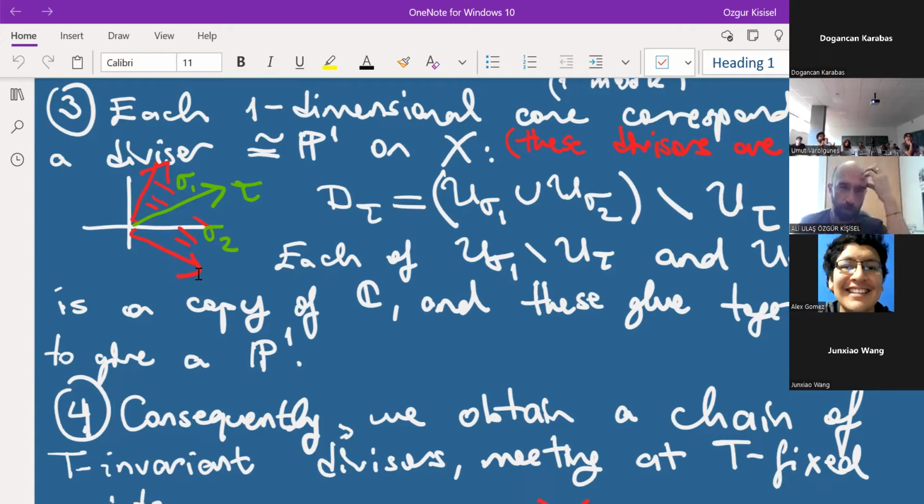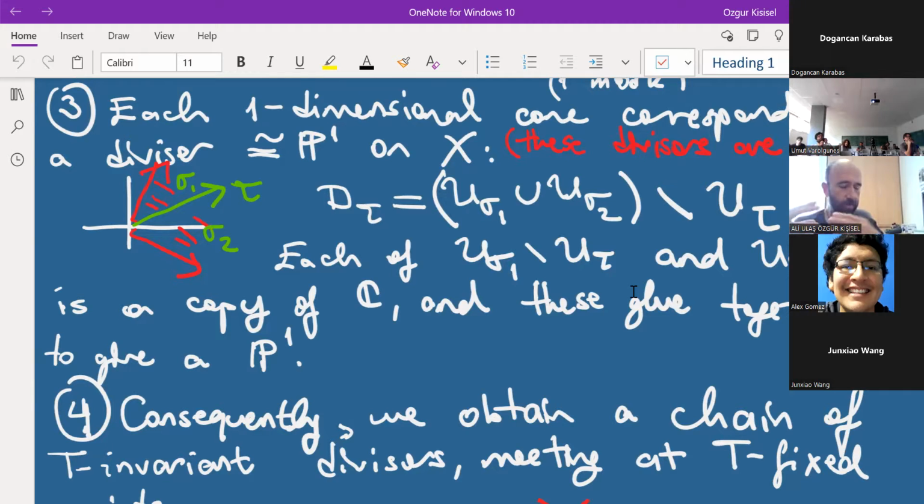Sorry, I should say sigma 1 and sigma 2 are the two-dimensional cones neighboring tau. If you look at U sigma 1 and U sigma 2, at least in the smooth case, you would find that they're copies of C cross C, and U of tau would be a copy of C cross C star.